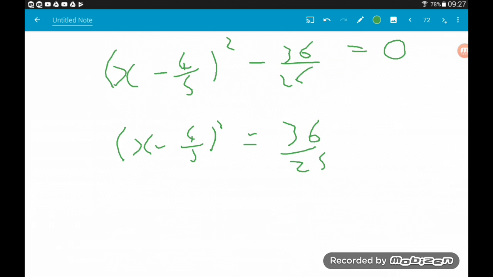If we then square root both sides, x minus 4 fifths is equal to plus or minus the square root of 36 25ths. Now the square root of that is 6 fifths.